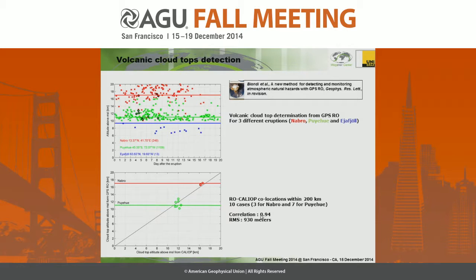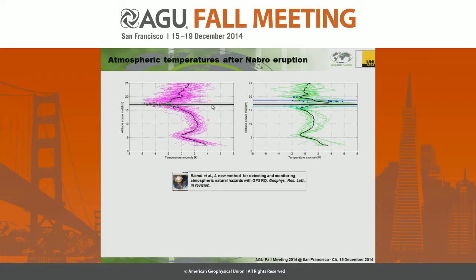In this case, we have a correlation of 0.94 for a total of 10 cases, and root mean square error of 930 meters.